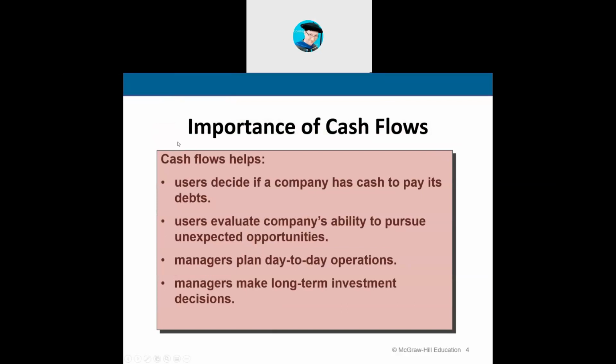Why is it important to understand cash flow? Well, the simple reason is because we need to make sure the company has enough cash to pay its debts.